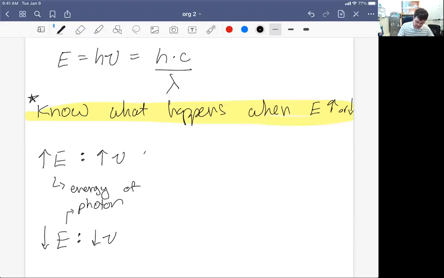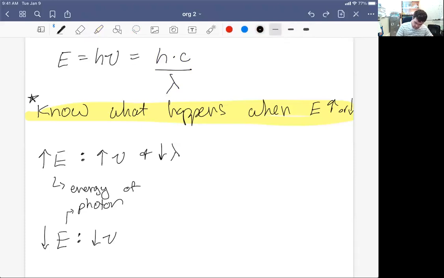Whereas the wavelength goes in the opposite direction. Here I'm looking at this equation. If the energy goes up and h and c are constant, the wavelength, which is in the denominator spot, must go down for that energy to actually go up.